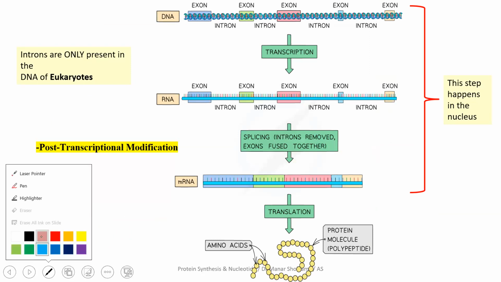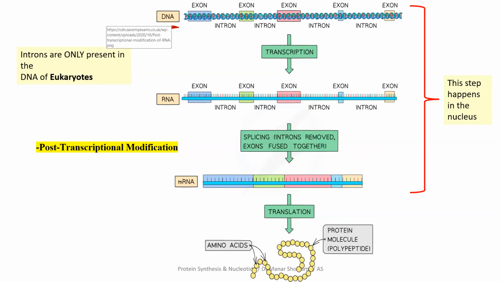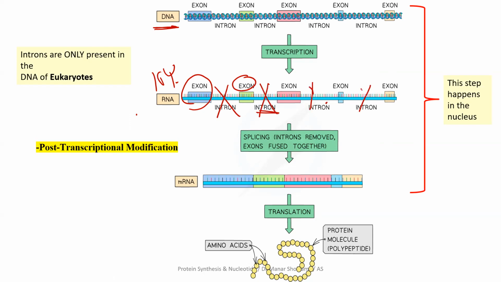It will take a copy of the gene, and it contains both the exons and the introns. We don't want the introns. So they will be cut, spliced and removed, and the exons will fuse together. So we will only have a mature messenger RNA made up of exons only, with the introns removed and the exons fused together. This is the mature messenger RNA.